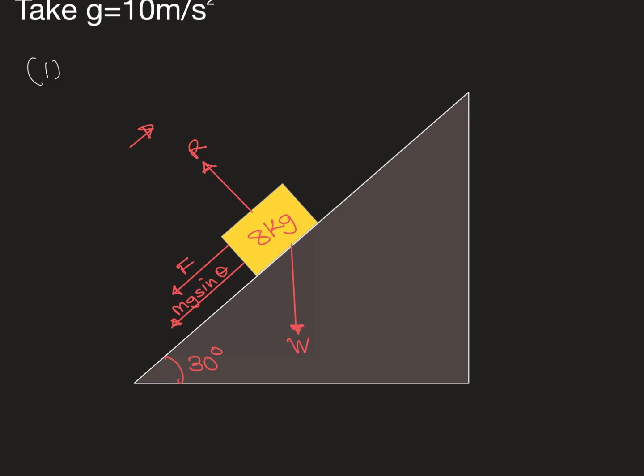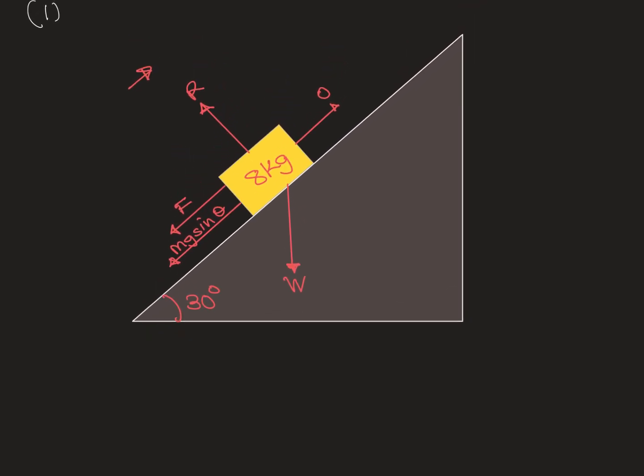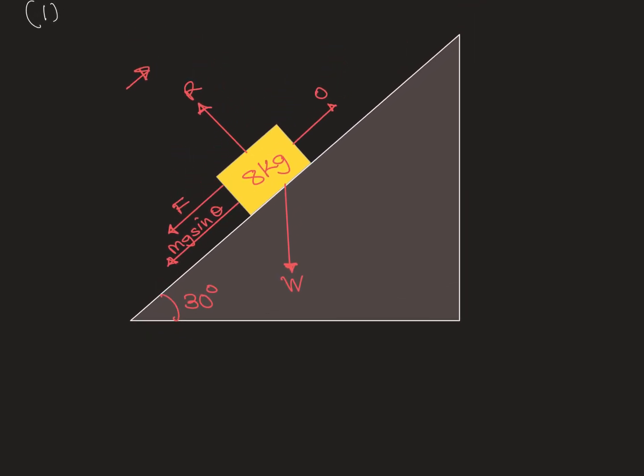We do not have any applied force up the plane, so that is going to be 0. So how do we find the net force? Remember, the direction of motion is up the plane, so the net force we said is equal to ma.